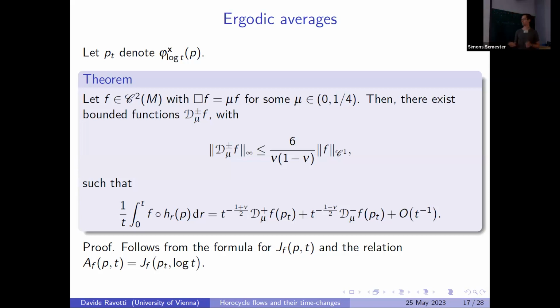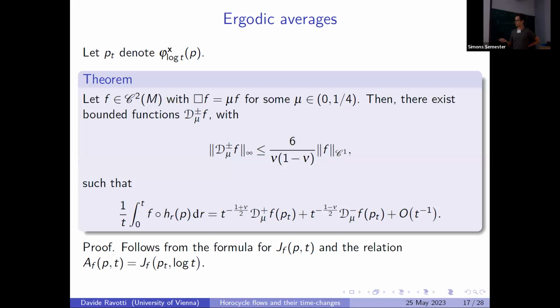The result is that if I look at the ergodic averages of f, I can write them as a sum of two terms that have a power decay. They have a polynomial decay, t to the minus something, and the something is related to the eigenvalue of the Casimir.